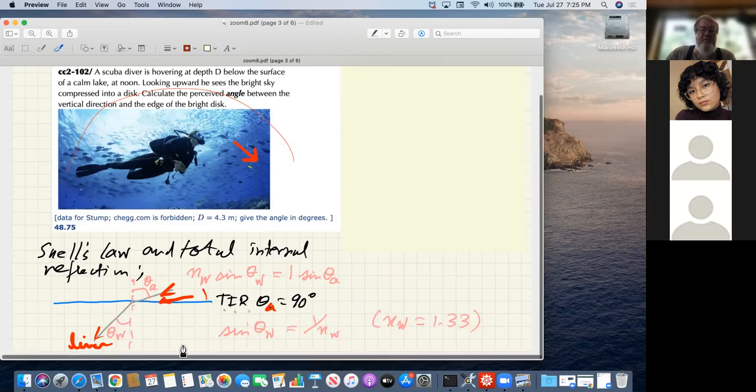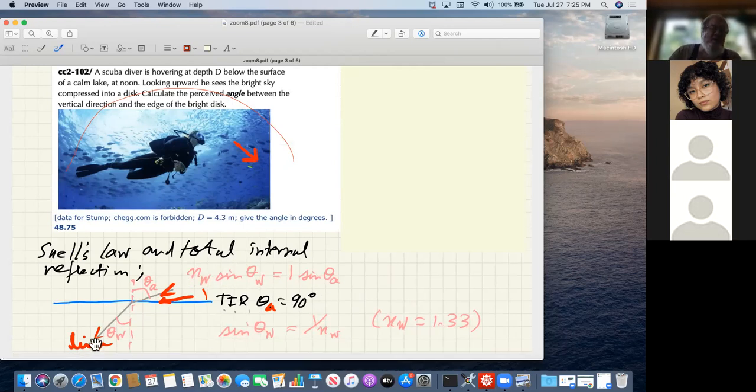It just all reflects. But Snell's law is valid no matter which direction the light is going, whether from the water into the air or from the air into the water. Both cases satisfy Snell's law.